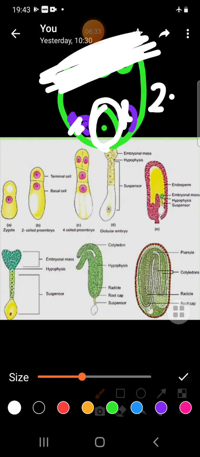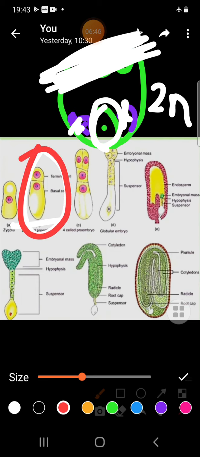It's a 2n diploid structure. अब ये 2n में multiplication होता है, there is formation of a two cell structure. जो आपके सामने है ये two cell structure है, जिसको हम बोलते हैं proembryo. क्या बोलते हैं हम इसे? Proembryo. So you can draw this diagram, that will be sufficient for you.